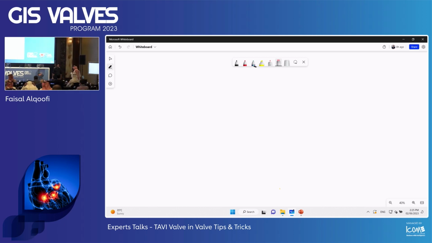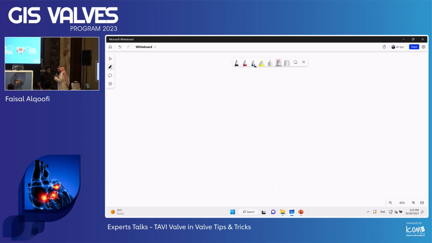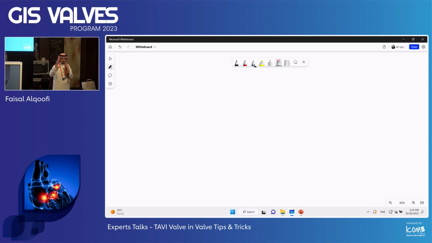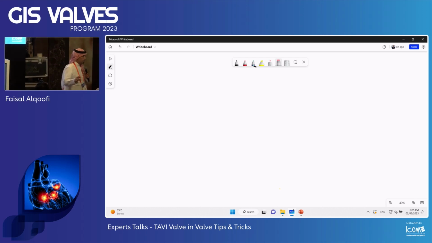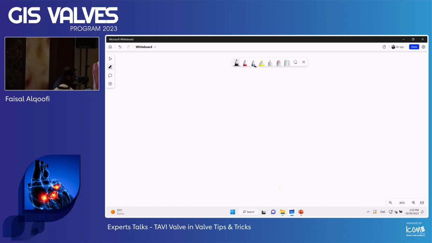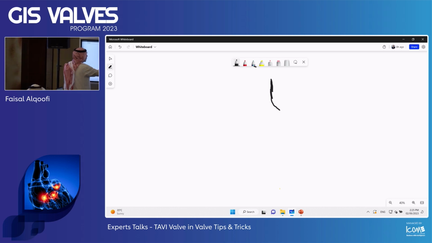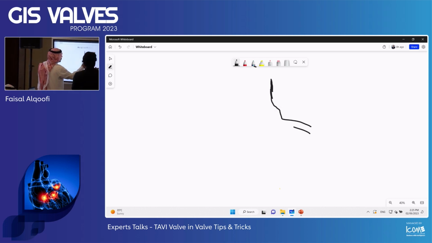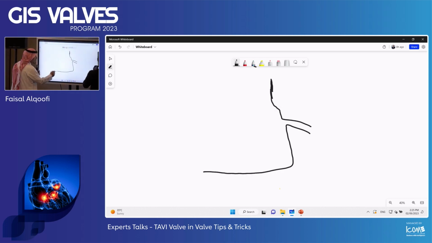Thank you, Faisal. So the question is, how do I assess the coronary risk when we talk about TAVR in SAVR? And this is very important. I need to draw some of the aortic root and the coronary. I know in this case there is already a patent graft, but does a patent graft confirm 100% protection?